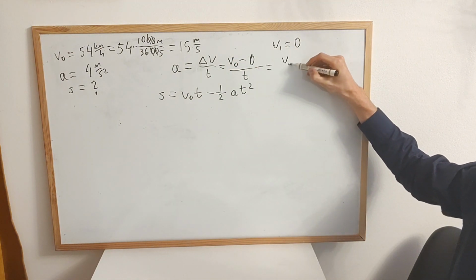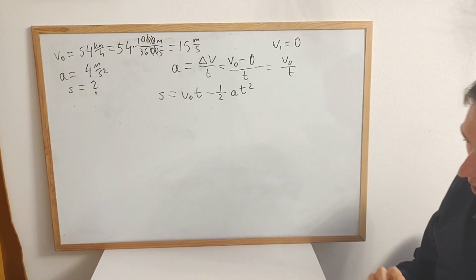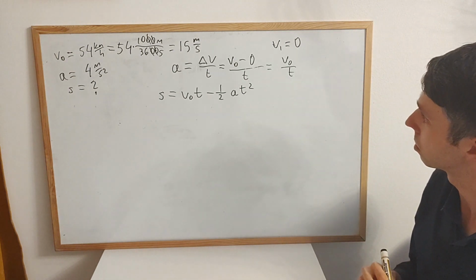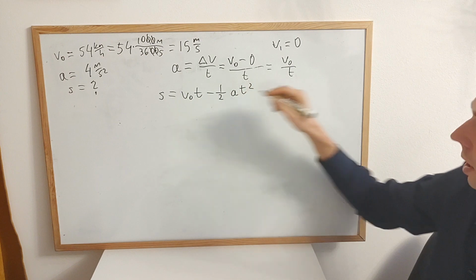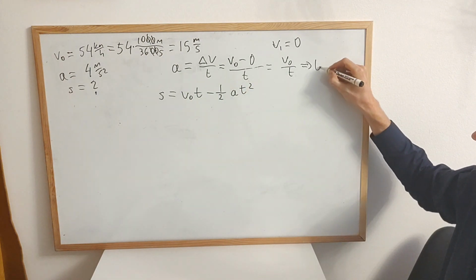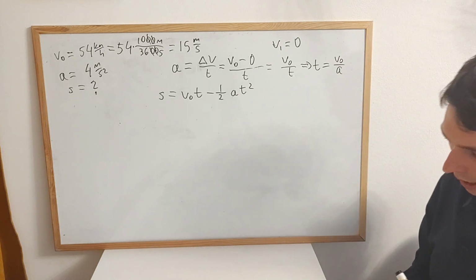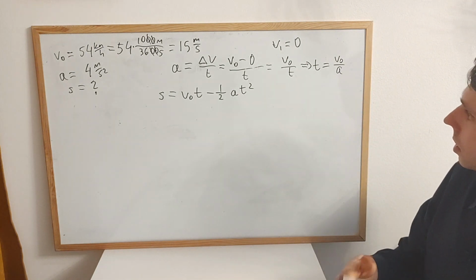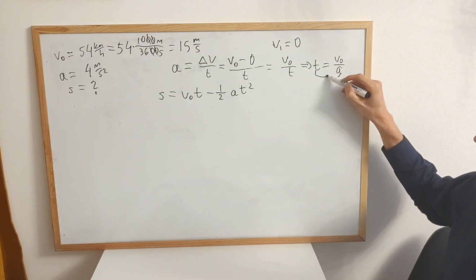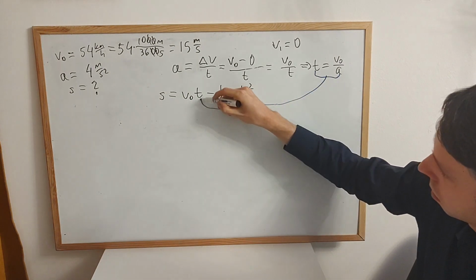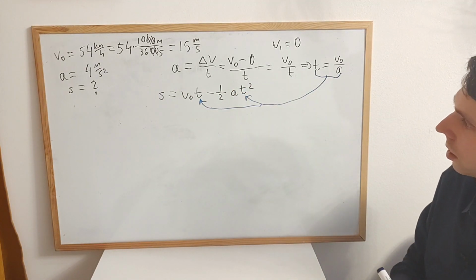So it would be just v0 over t. Okay, so now similarly to what we did, t would be v0 over a, and we plug in this formula here to the time.